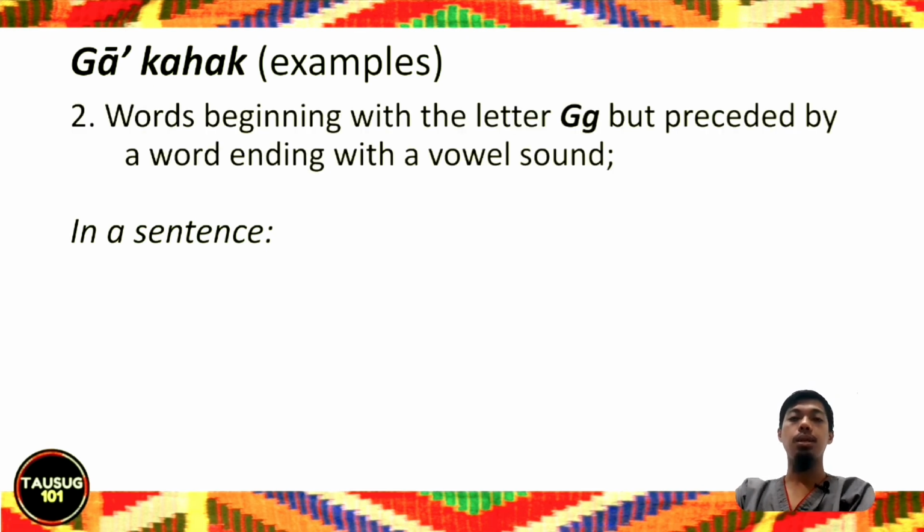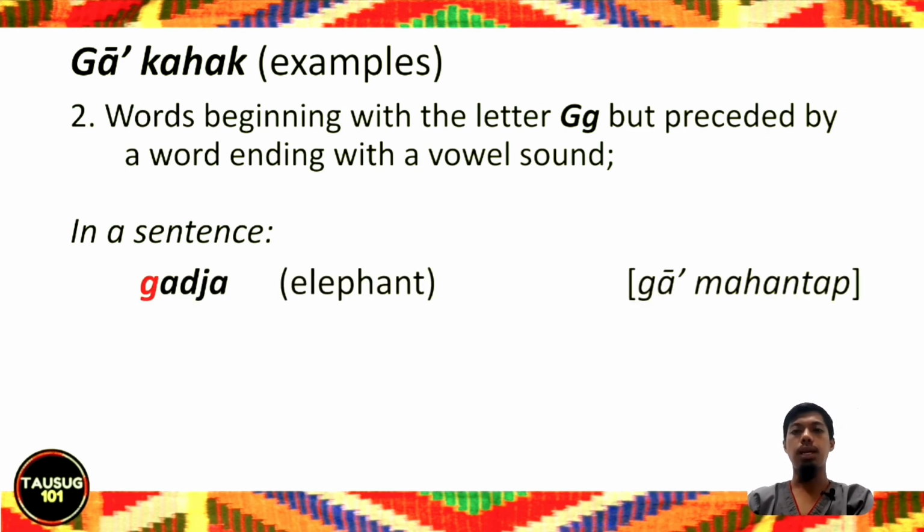In a sentence, when the word actually begins with the letter Ga but it is preceded by another word ending with a vowel sound, the letter Ga now is in between two vowel sounds, so it assumes the Gā Kahak sound. Example, we have here Gadja. Gadja is elephant. It assumes the Gā Mahantap sound because it is at the beginning of the word.